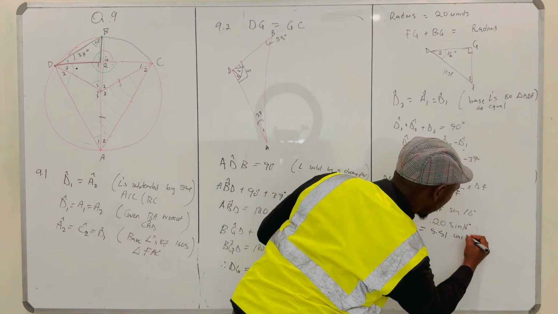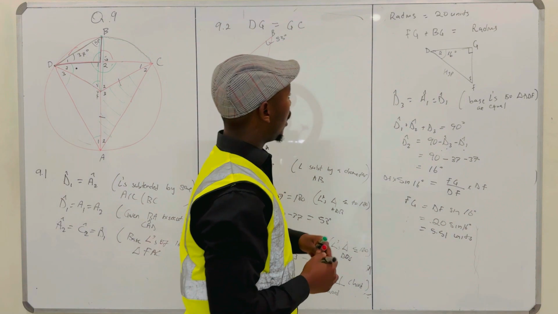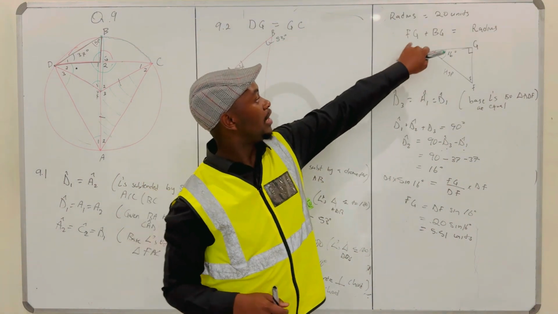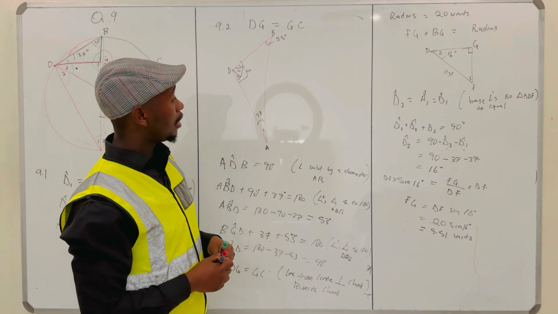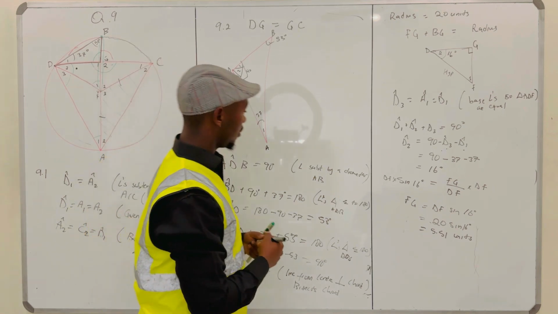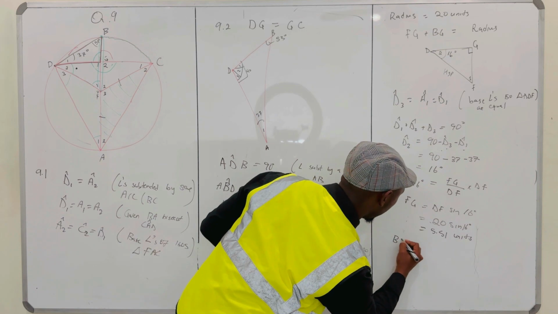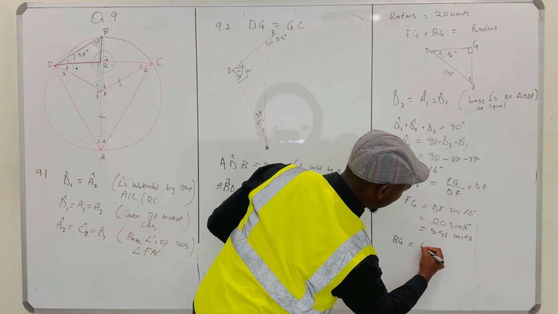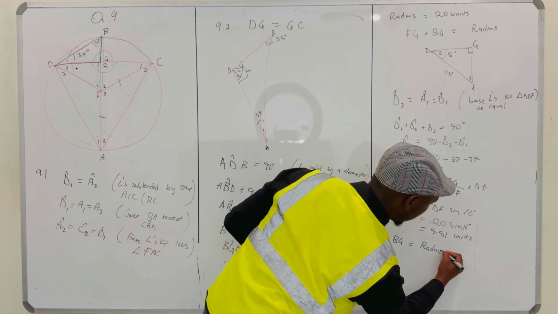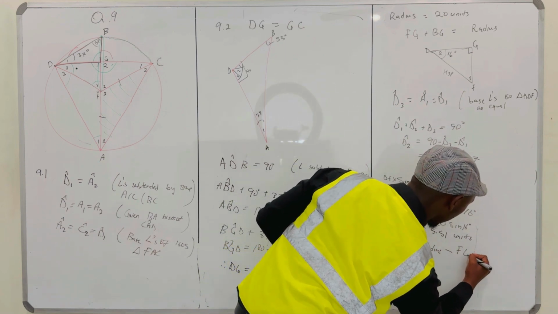Now remember we said that FG added to BG should give you a radius, and we're looking for the length of BG here. So BG should be equal to the radius minus FG.